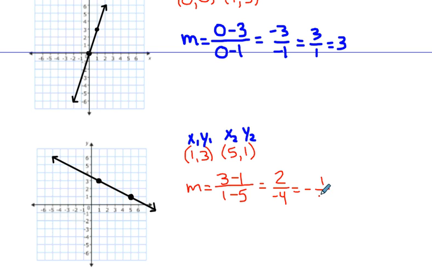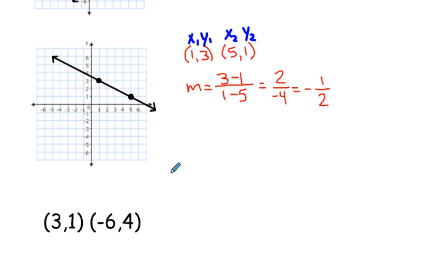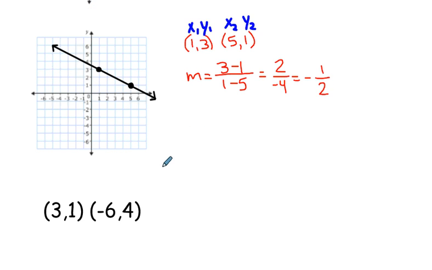Because I have just one negative, the whole value of my fraction will be negative. And I can simplify 2 over 4 to be 1/2. So the value of this slope of this line would be negative 1/2. And we did say that when the line is going down, we're going to get a negative slope. And when the line is going up, we're going to get a positive slope.